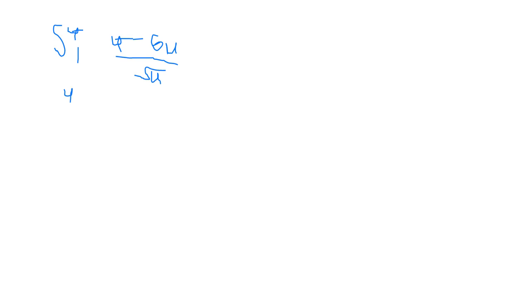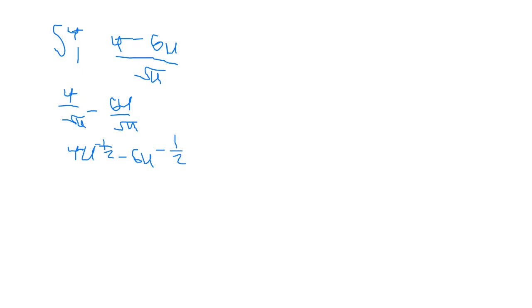So we have 4 over the square root of u minus 6u over the square root of u. Then I wrote fractions, and in the end I'm going to put back in radical form. So I have 4u to the negative 1/2 minus 6u to the negative 1/2.